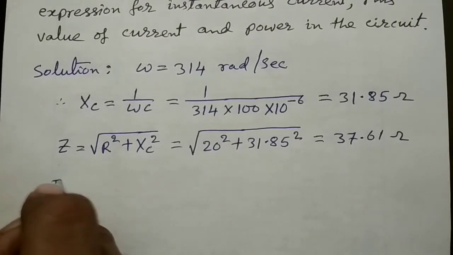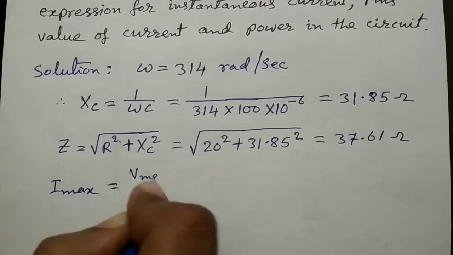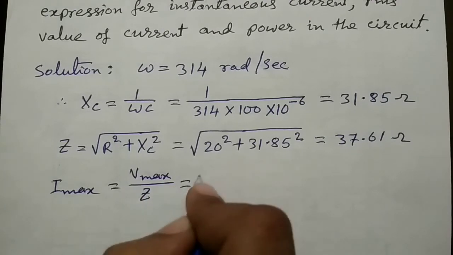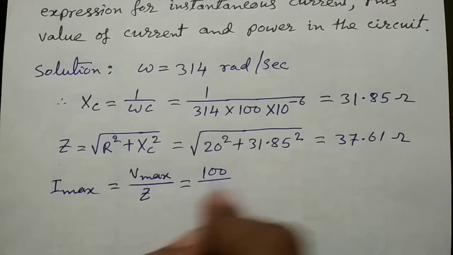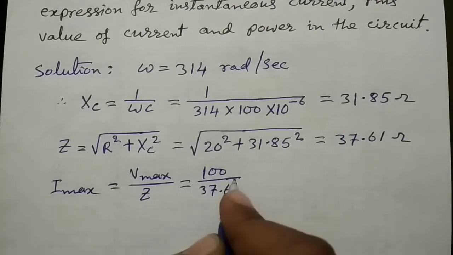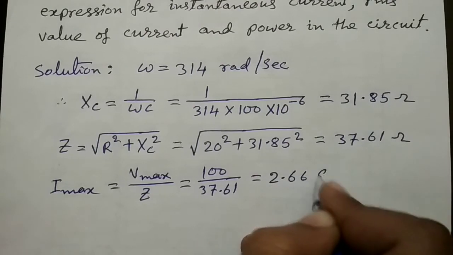Now the maximum current I max should be V max upon Z. V max here is 100 and Z is 37.61. So the current will be 2.66 ampere.